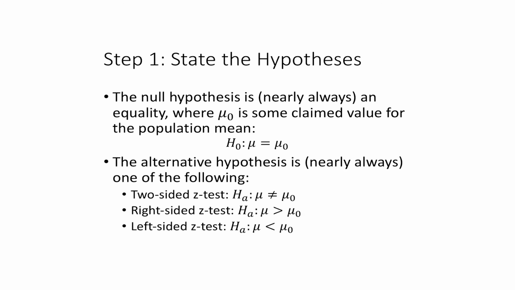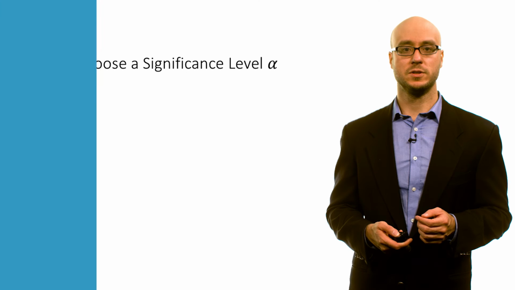Or we might have a right-sided z-test, in which the alternative is that the population mean is greater than the claimed value. Or a left-sided z-test, where the alternative is that the population mean is less than the claimed value. Most commonly, you will see a two-sided z-test, and we'll focus a little more on those, but in some contexts, a right-sided or left-sided z-test is also used.